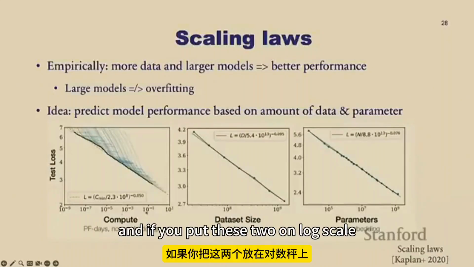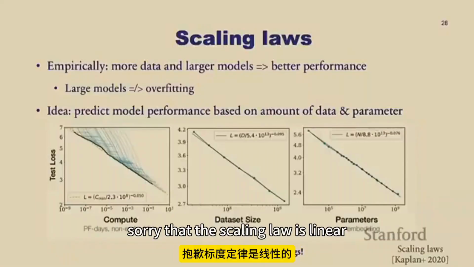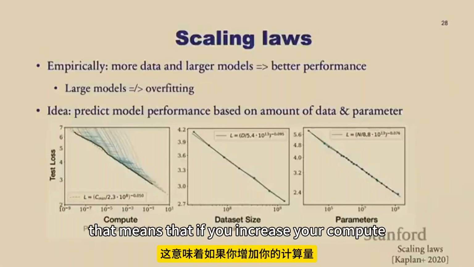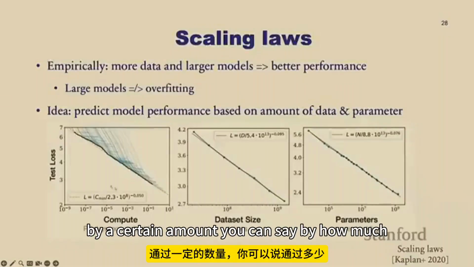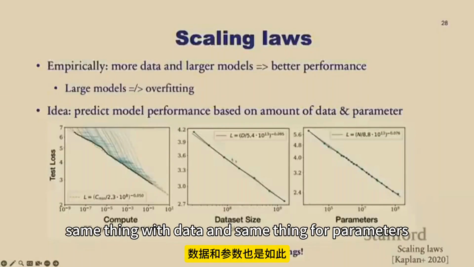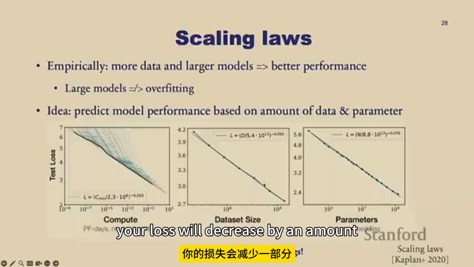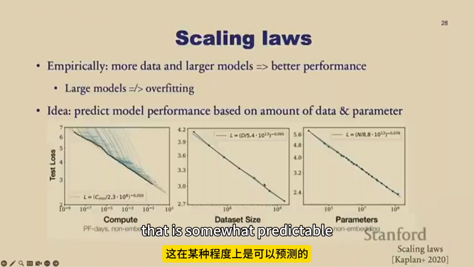So it's the log of the perplexity. And if you put these two on a log scale, then you see that the scaling law is linear. That means that if you increase your compute by a certain amount, you can say by how much your test loss will decrease. Same thing with data, and same thing for parameters. If you increase the data set size, your loss will decrease by a somewhat predictable amount.